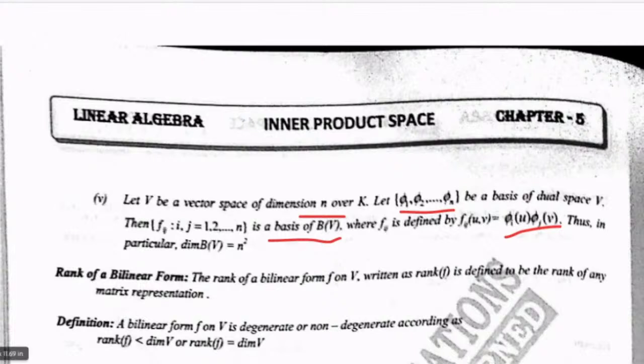Thus the dimension of B of V is n square. Here we have f 11, f 12, f 13 and so on, so we will get n square terms in the basis. So the dimension of B of V is n square.